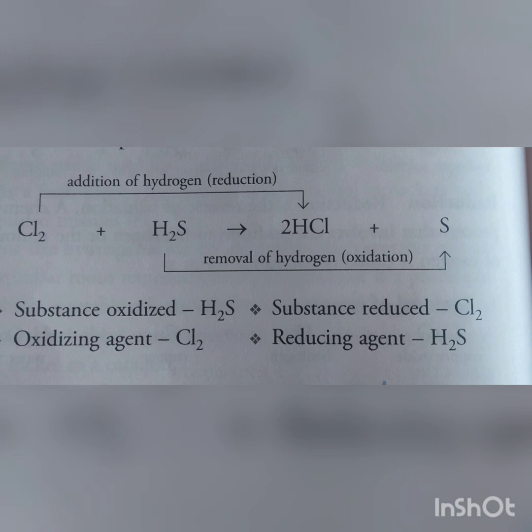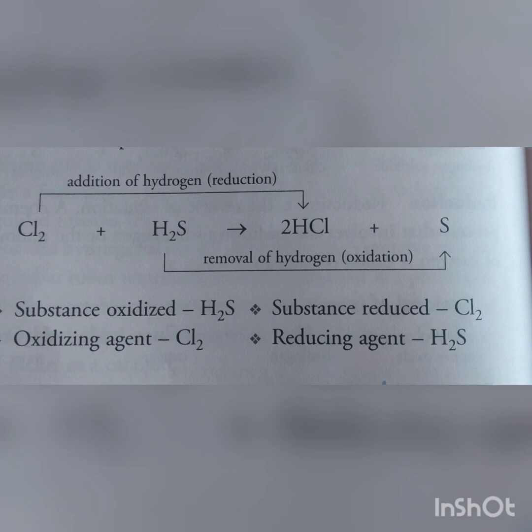So the substance oxidized is hydrogen sulfide, that is H2S. And what is the oxidizing agent? Chlorine, because chlorine is taking away the hydrogen. And the substance reduced is chlorine. And what is the reducing agent? H2S, because hydrogen is being taken from H2S. So the substance oxidized is H2S and the substance reduced is chlorine.